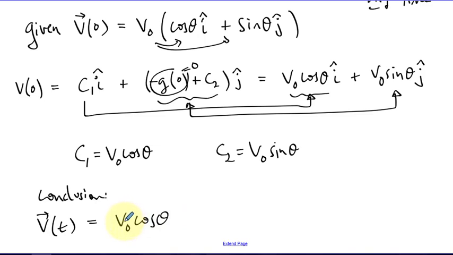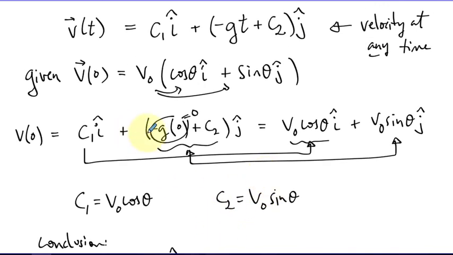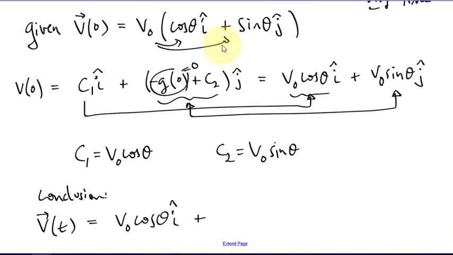V naught is the initial speed, and theta was the initial angle, plus, now I'm drawing on the fact that I have found what c2 would have to be, and so I'm going back to what the velocity vector would be at any time, and using that, I have negative gt plus v naught sine theta, and this is the j component of my velocity vector.